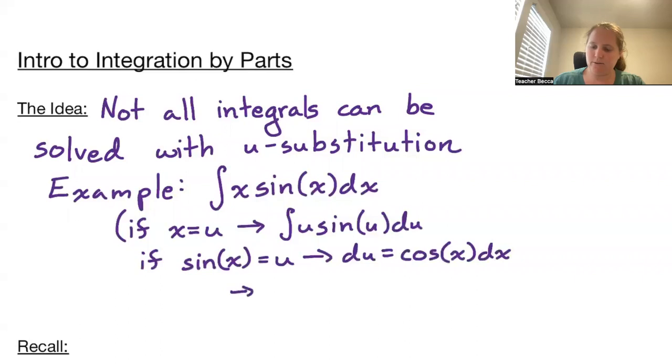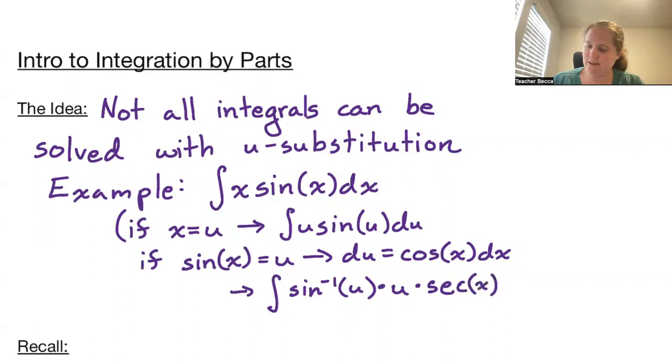We would get an integral of x would be sine inverse of u, and then we would have times u, and then dx would be a secant of x du, and then we would plug in sine inverse of u in there, and it would just get messy.